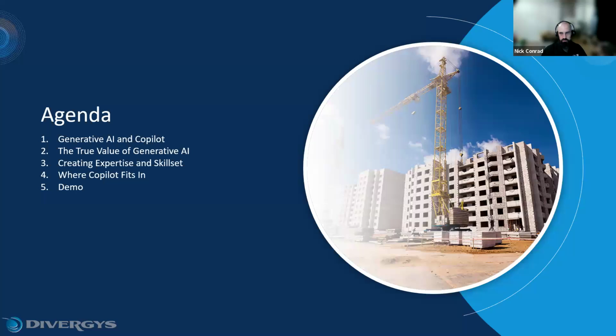How Copilot fits in, so some different types of Copilot licensing, where I see some typical day-to-day use of it, and then I'll go into a couple of examples from my daily life that I've used Copilot for. If we have some time as well, I'll show a little demo. I have a Copilot license and things that I can use in it.